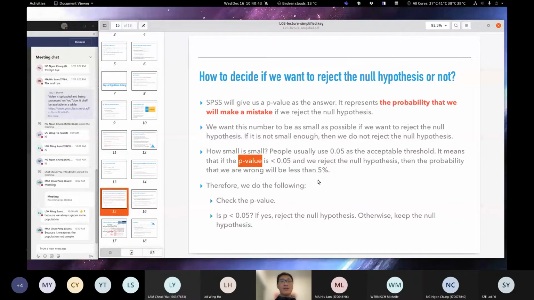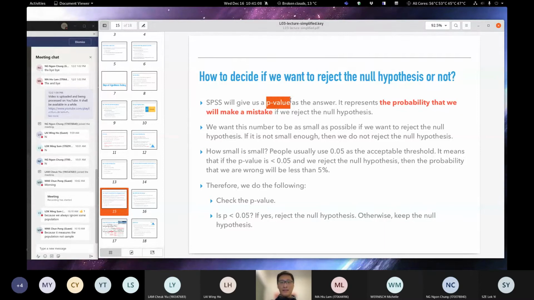This is the most important number that you need to read in the SPSS output. I will show you the output later, but for now, let's just look at this page. SPSS will give us a p-value as the answer, along with many other numbers, but the p-value is the most important one.